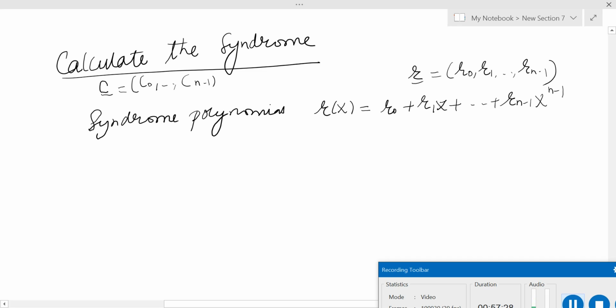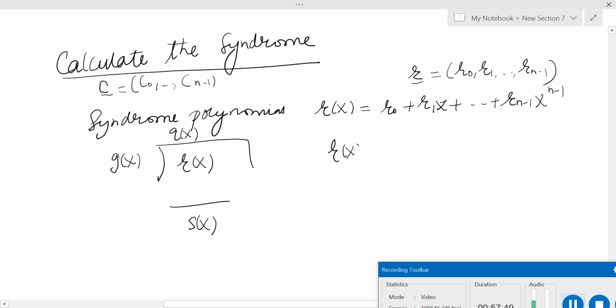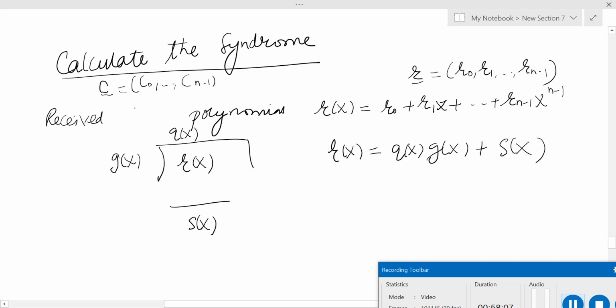Now if we divide this polynomial by g of x, suppose you get quotient as q of x and remainder as s of x, so you can write r of x as quotient times dividend plus remainder, s of x. Okay, sorry, this is not the syndrome polynomial, I am extremely sorry. So this is the received code polynomial, what you received, not the syndrome polynomial.